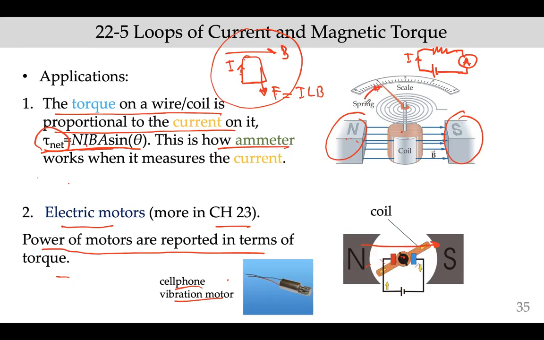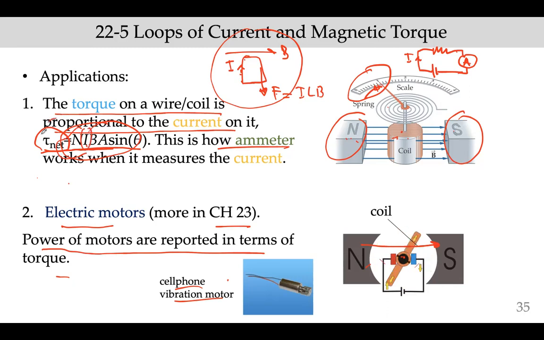That amount of rotation that's coming from the torque, which is coming from the magnetic effect, you can read on the scale, and that scale will give you the current. If you run more current, there will be more torque. Look at this equation.